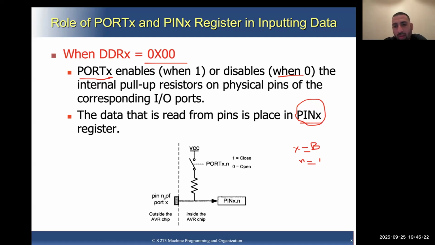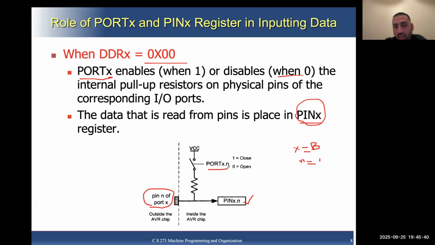Now whatever value I read from outside of the AVR chip on the physical pin will be latched, or saved, in the PINB register, in its bit number 1, the bit at index 1.